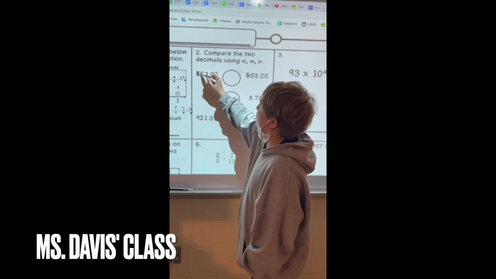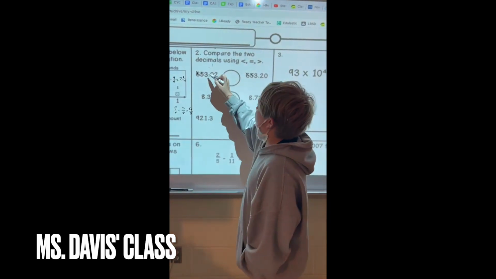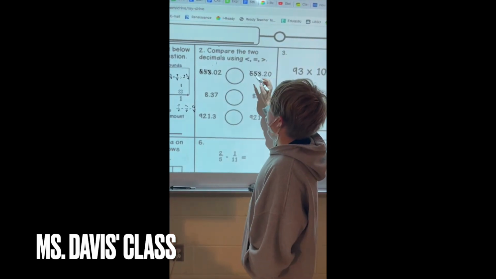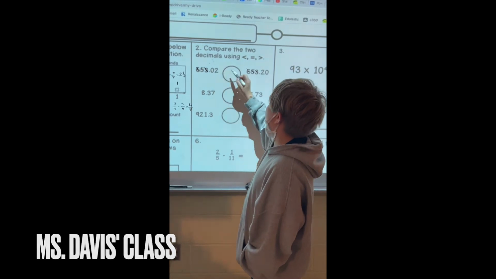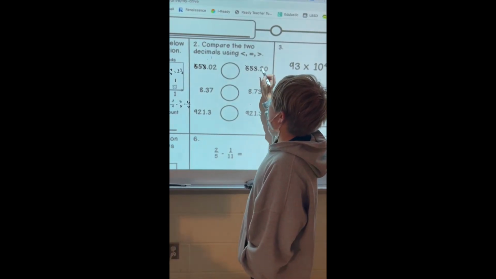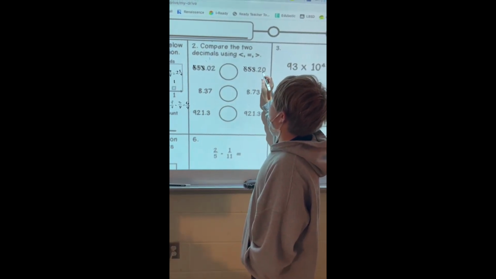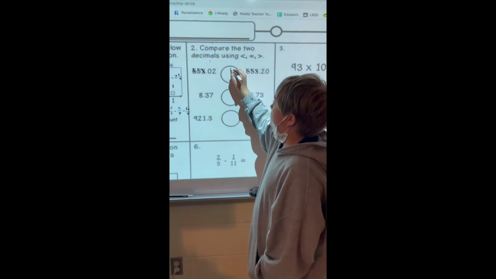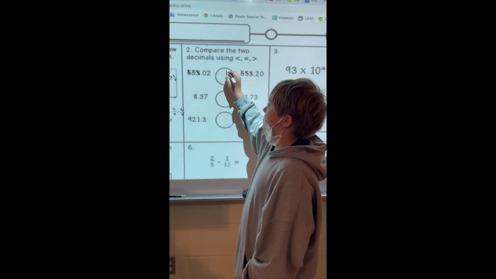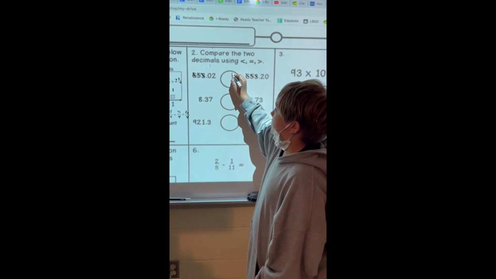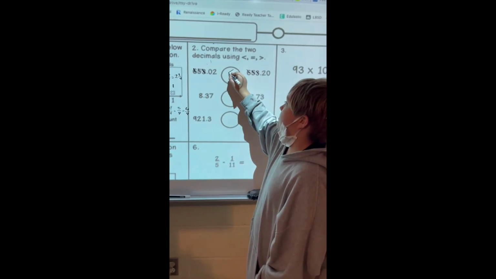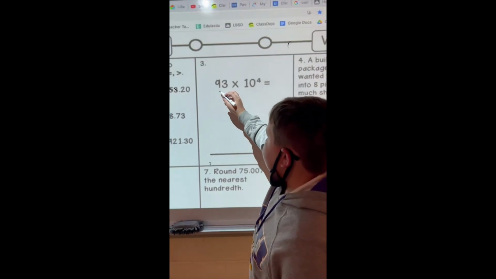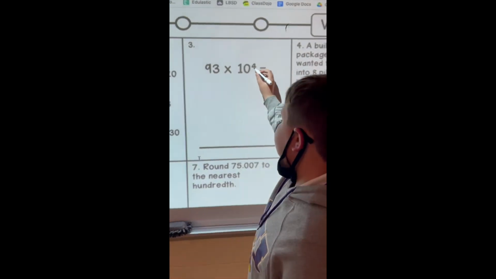We have a 5 in both, and then we have a 3 in both. So then we go to decimals, and we have a 0 and a 2. So 653 and 2 tenths is greater than 653 and 2 hundredths.